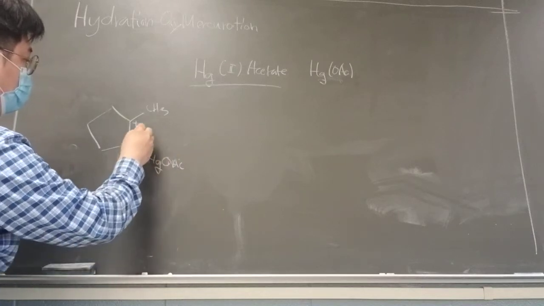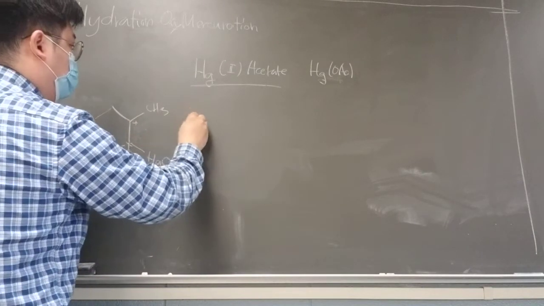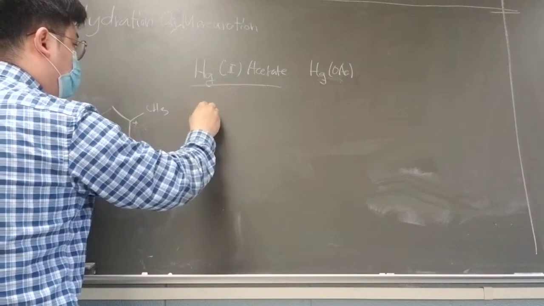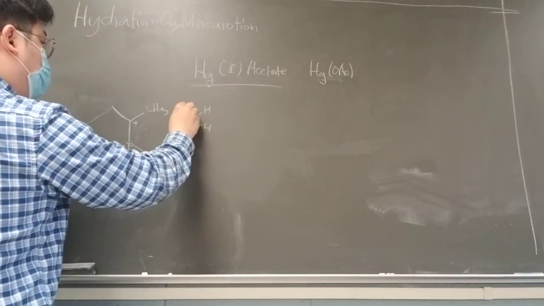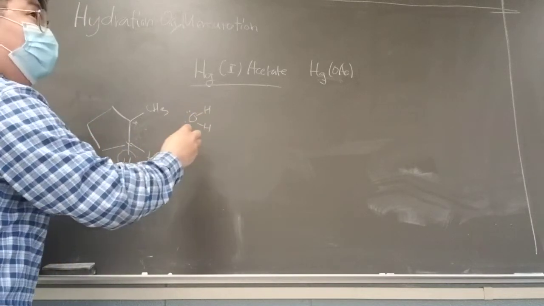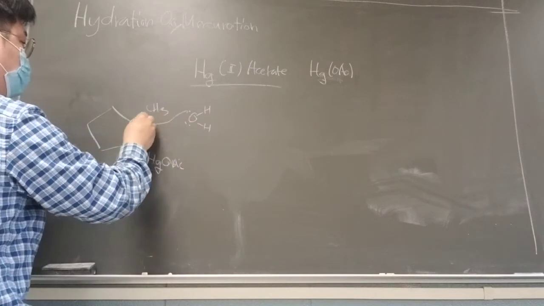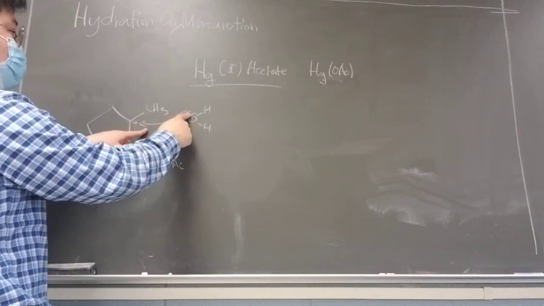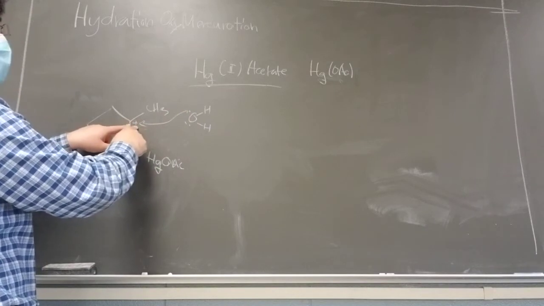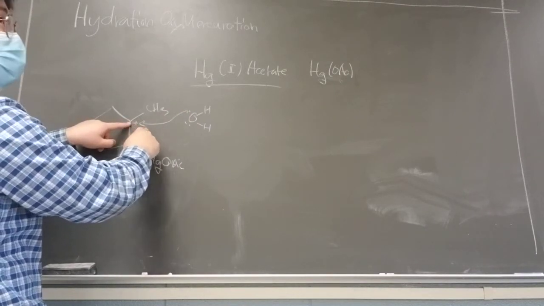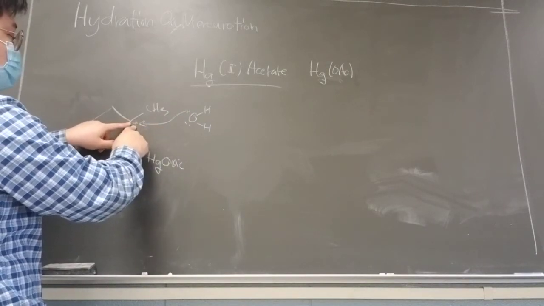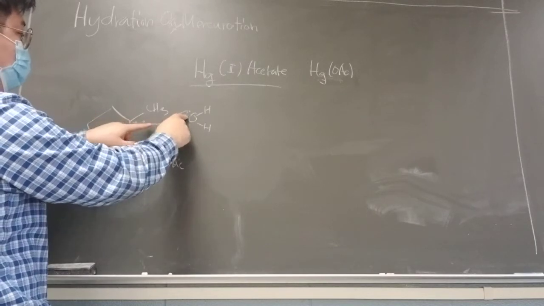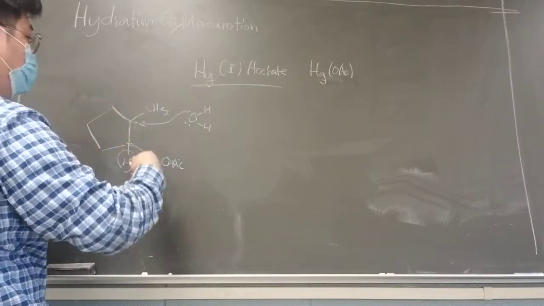And then to this carbocation, now water comes in. You're going to have this attack here. So this is the pair of electrons going into the carbocation. This is the electrophile, this is the nucleophile. It makes the bond there.